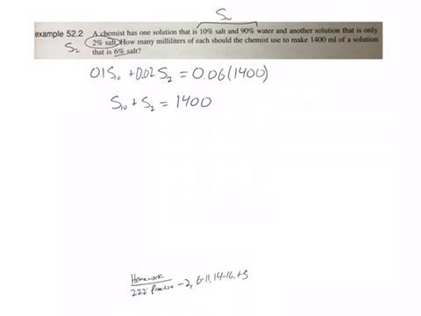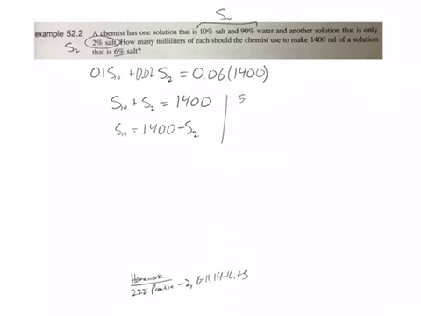So let's see. I may just go ahead and solve this one by substitution. I'm going to say S sub 10 is going to equal 140 minus S sub 2. I'm going to substitute that into the top equation.